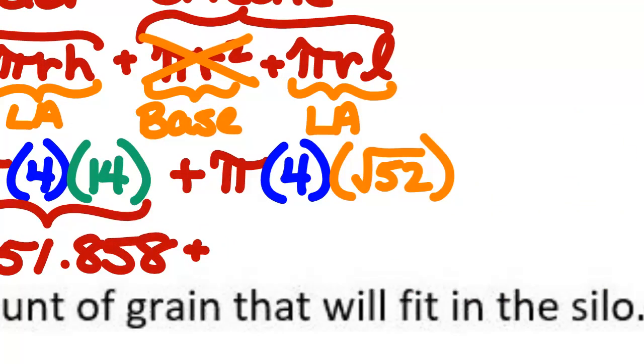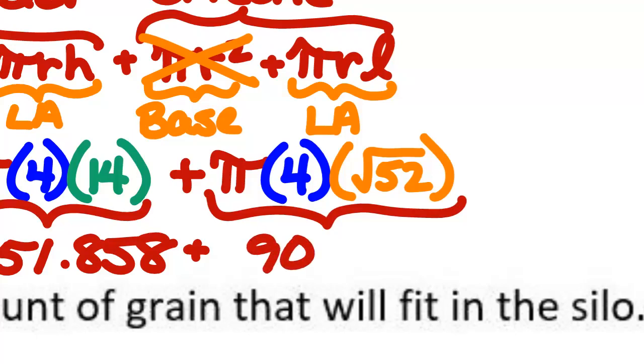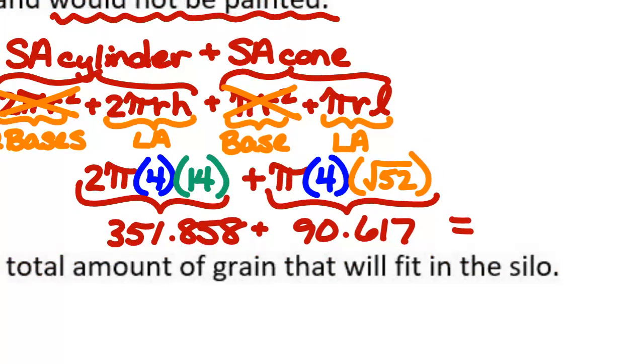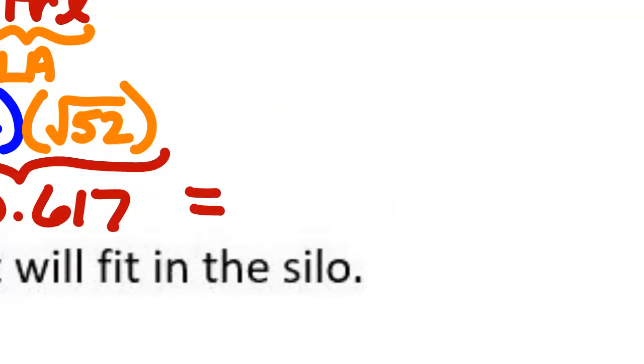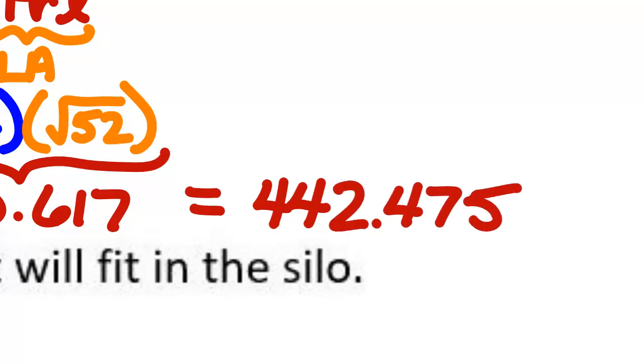Plus the lateral area of the cone, pi times 4 times radical 52, 90.617. Then we add those two together to get our total surface area of 442.475 meters squared.